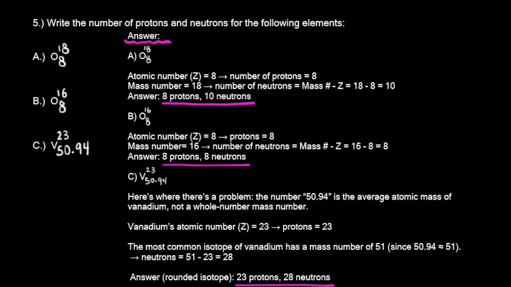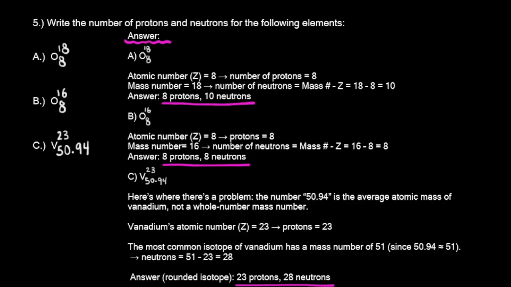You can estimate the number of neutrons using the average atomic mass, but this will only be an approximate value. Another way of finding the number of neutrons is to round the average atomic mass to the nearest whole number. However, this will only be an approximate value.